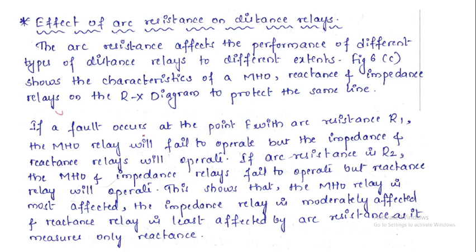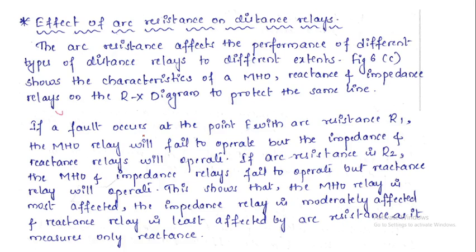And the reactance relay is the least affected by the arc resistance, as it measures only the reactance. As I already mentioned while explaining the reactance relay, it is independent of the resistance value. Whatever arc resistance you consider, it is not going to affect the performance of the reactance relay.